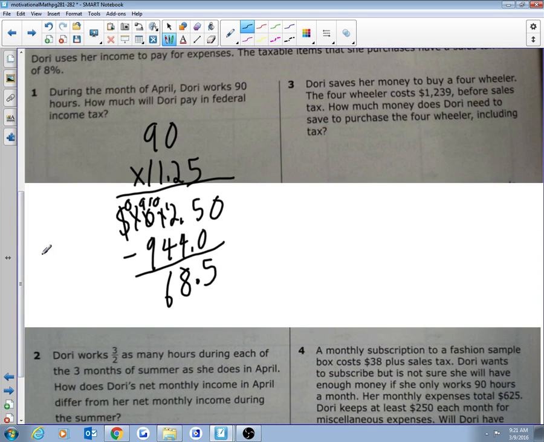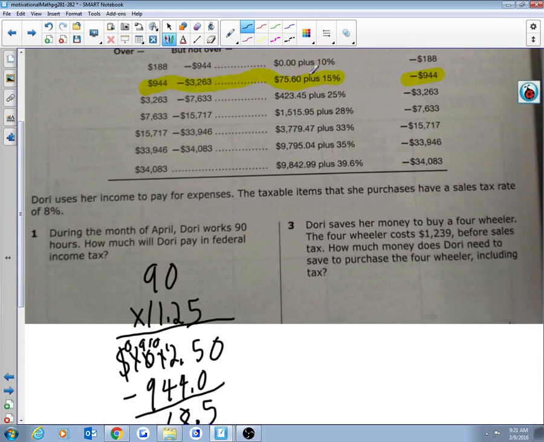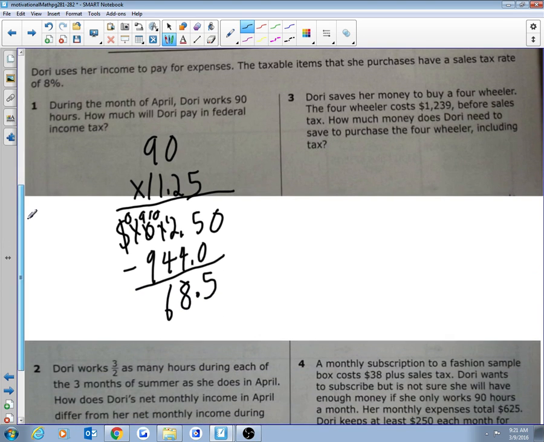So according to our tax chart here, we're going to have to find 15% of the excess, and then we're going to add $75.60. So 15% of $68.50. So we've got 68.5 times 0.15.